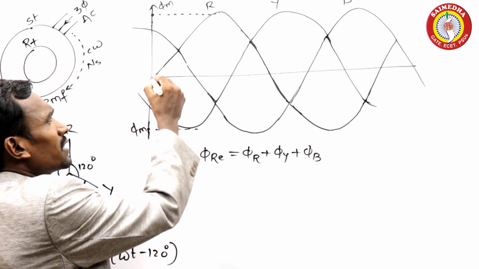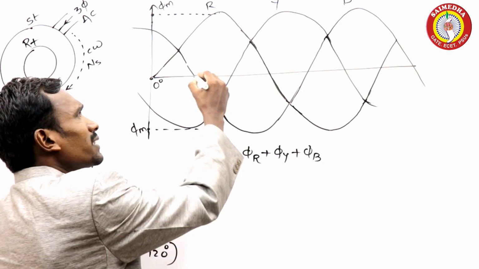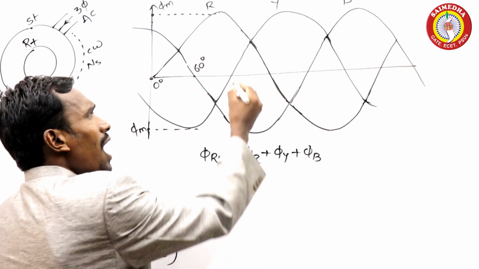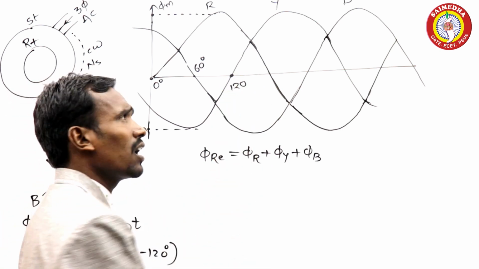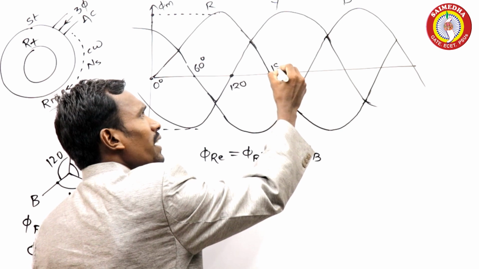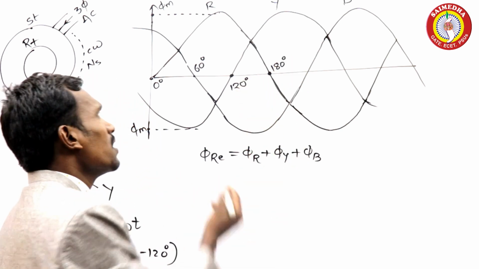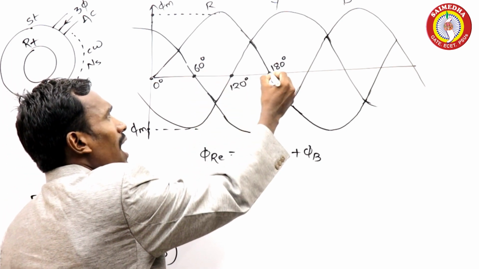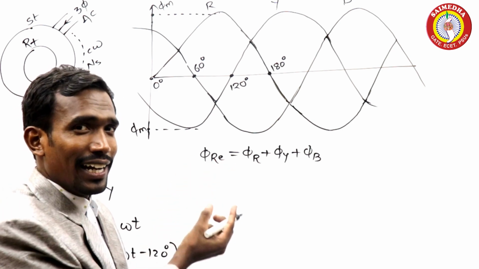Let's see here. This is omega t equal to 0, this is omega t equal to 60 degrees, this is omega t equal to 120 degrees, and this is omega t equal to 180 degrees. These are the points: 0, 60, 120 and 180 degrees. Observe clearly.